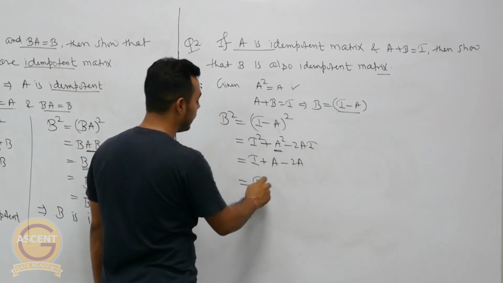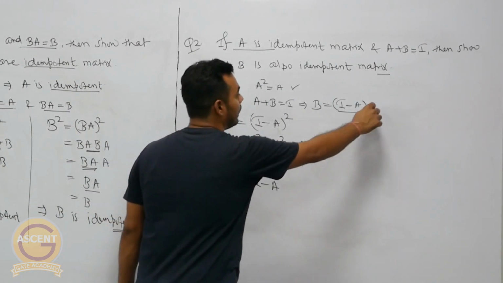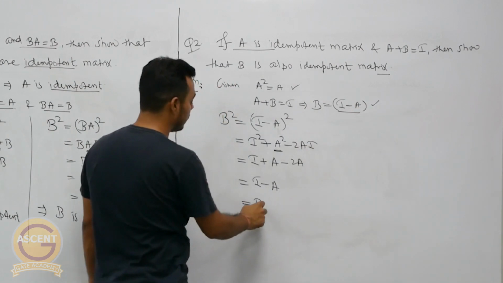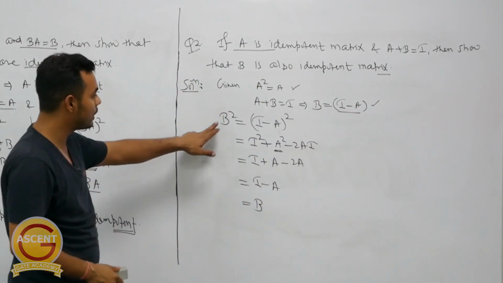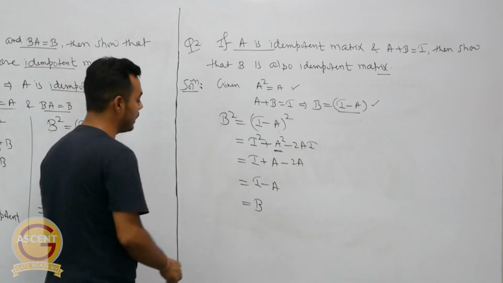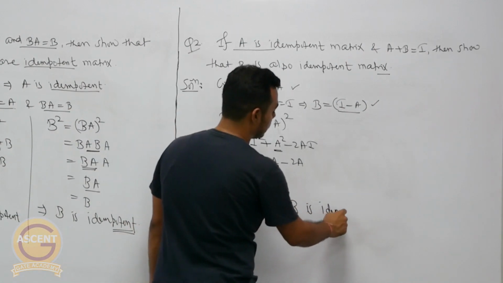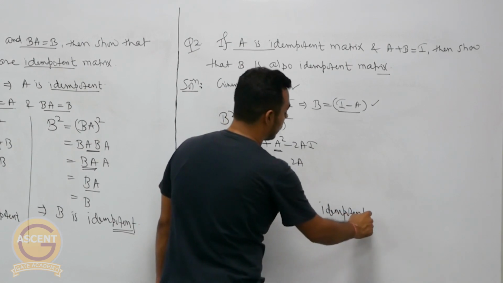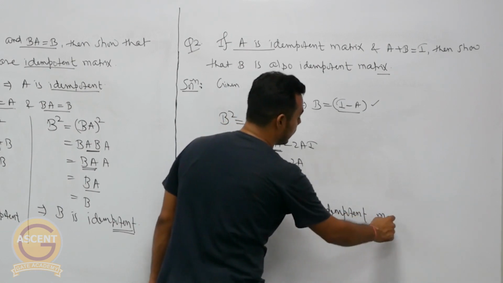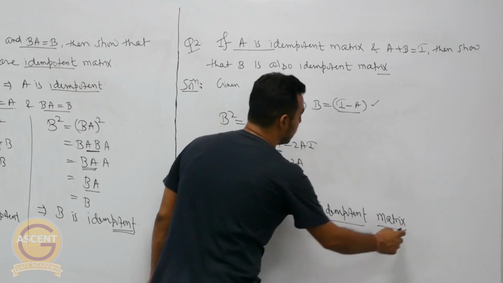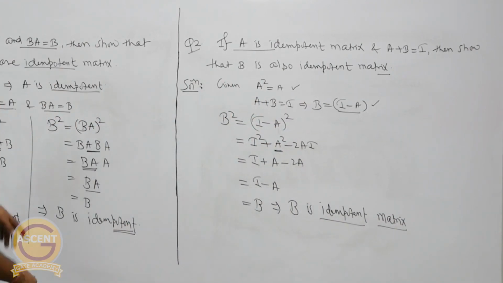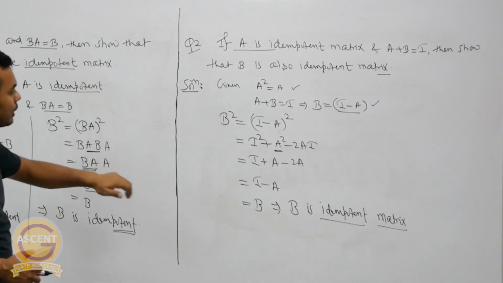So this will be identity minus A, and identity minus A is nothing but matrix B. So as you can see, we have shown that B square is matrix B, and this implies that B is an idempotent matrix. So these two were very simple problems. The only thing is that you have to know the definition of idempotent matrix: a square matrix is idempotent if A square is A. So these were the two basic problems on idempotent matrix.